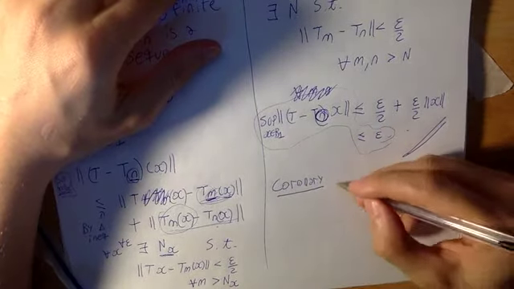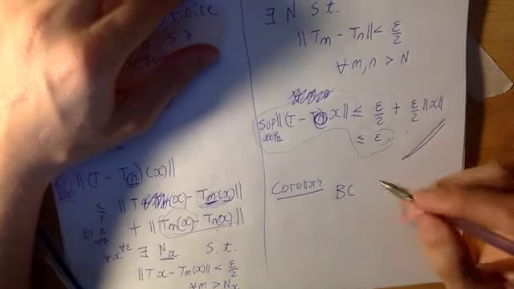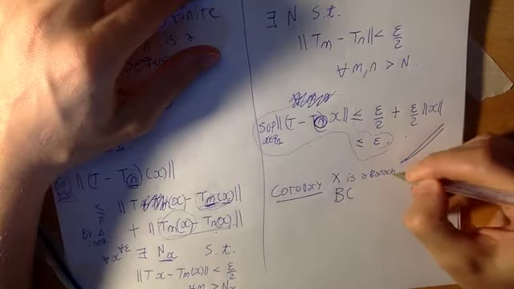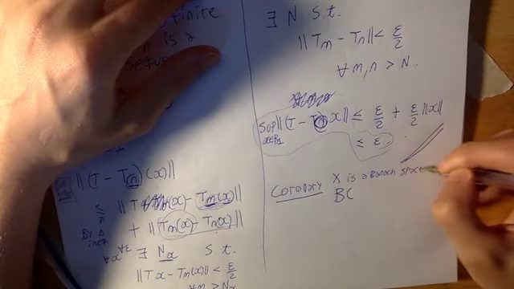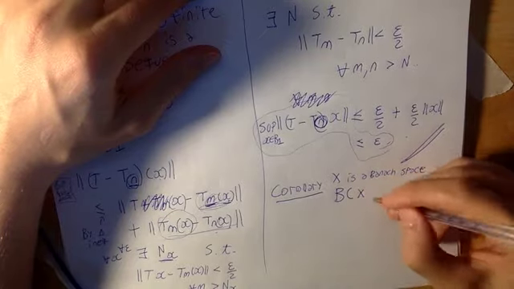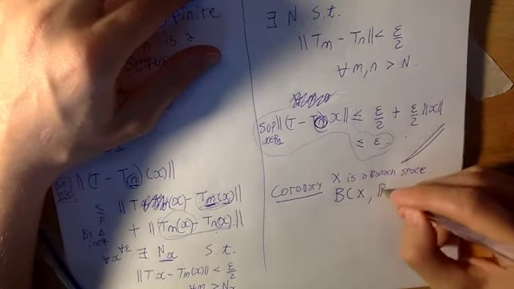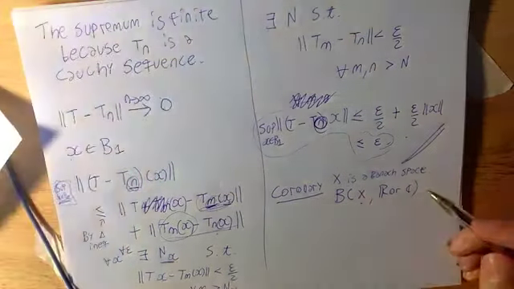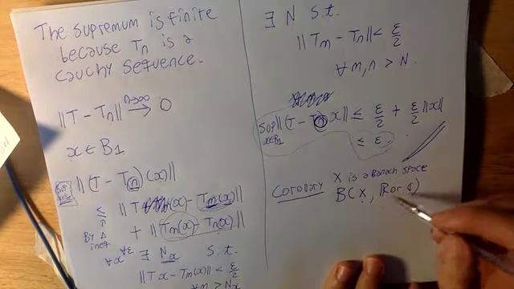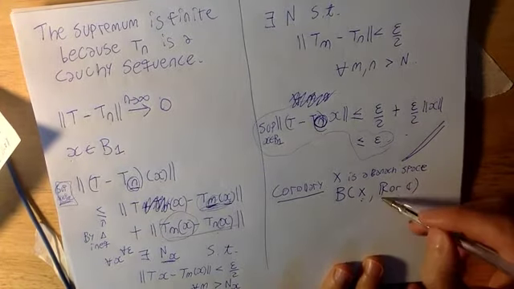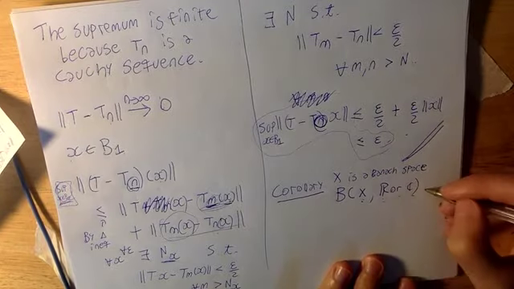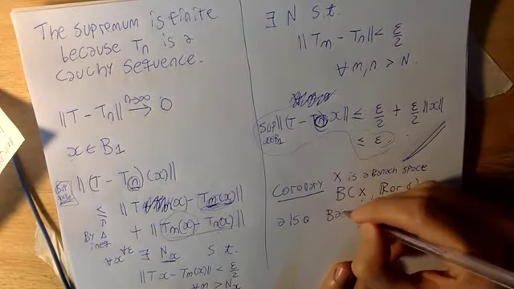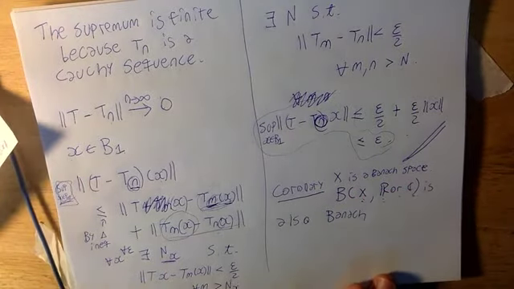If we take the bounded linear functions, where X is a Banach space, and here I'm going to put R or C, the field over which X is a vector space, then B(X, R or C), which are complete Banach spaces themselves, is also Banach, just by using the previous result.